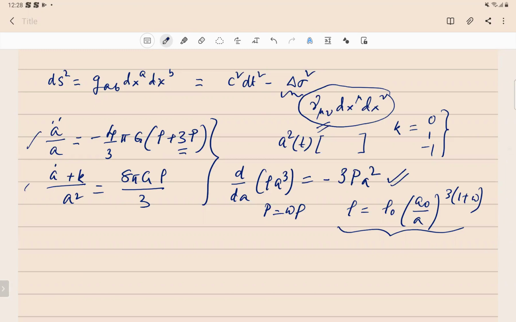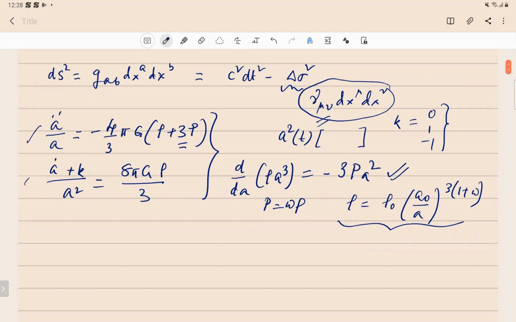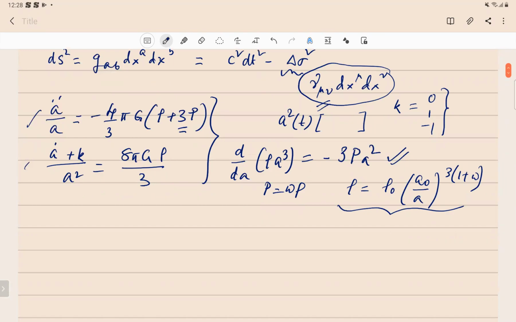So that's the standard procedure, the standard picture. We define the Hubble parameter, which is a dot by a, and then one can write down the expression for the Hubble parameter H squared as H naught squared.